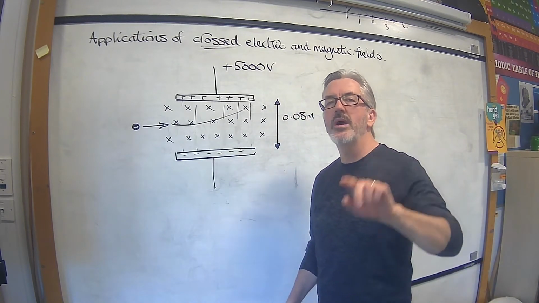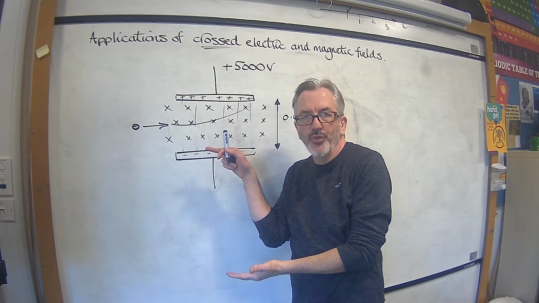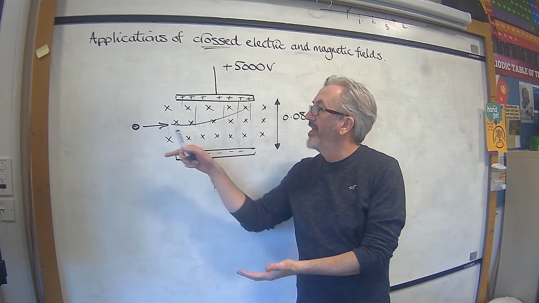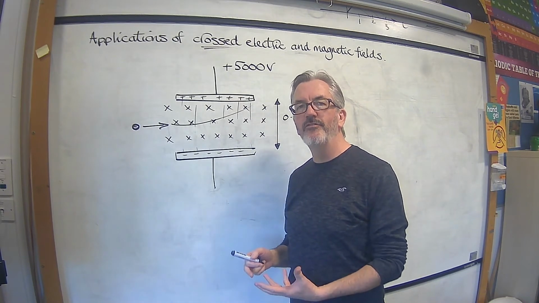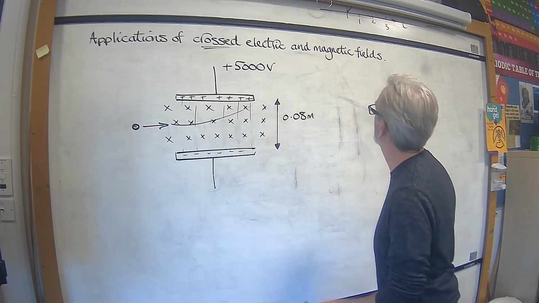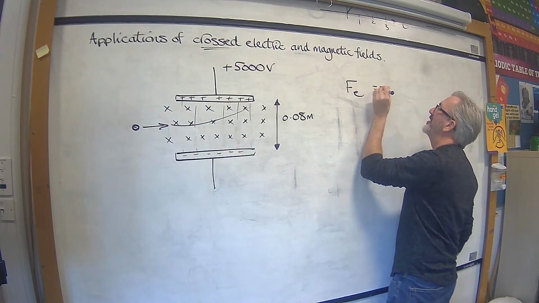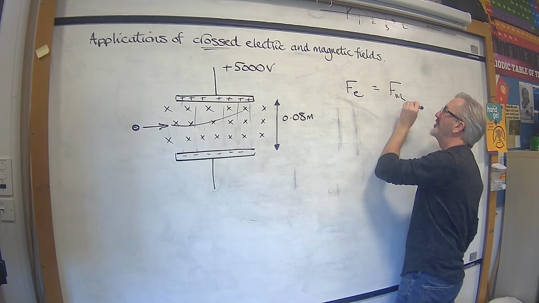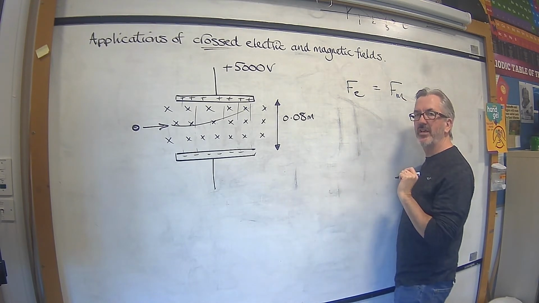And what happens if both those forces are balanced? If both those forces are balanced, then that electron will travel through that field in an undeflected path. So if the electric force is balanced with the magnetic force, we know equations for the electric force and magnetic force now.